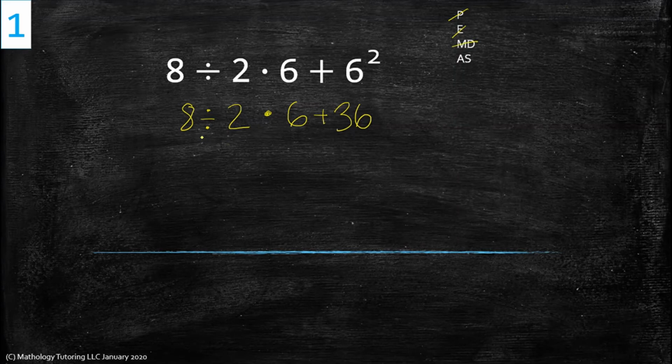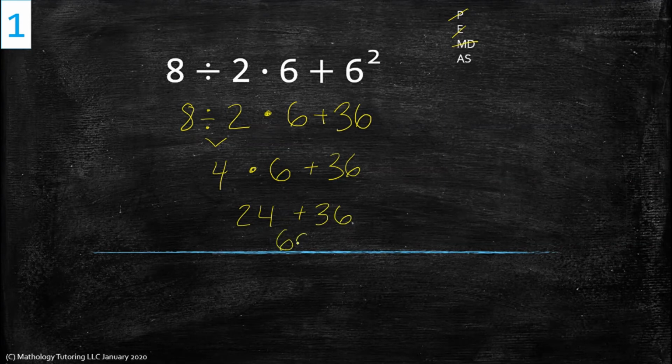So I'm going to do the 8 divided by 2, which is 4, and I'm going to bring down everything else. Then I still have multiplication, so 4 times 6 is 24, and then I'm going to add 24 plus 36, and I get 60 for the answer, right?